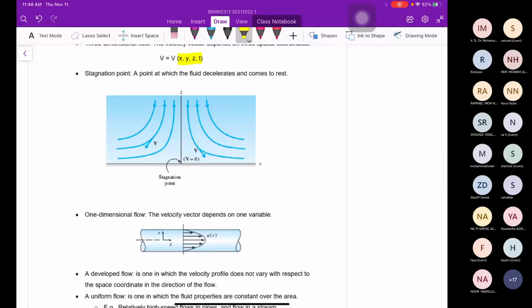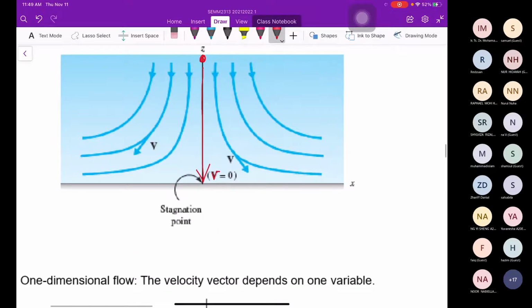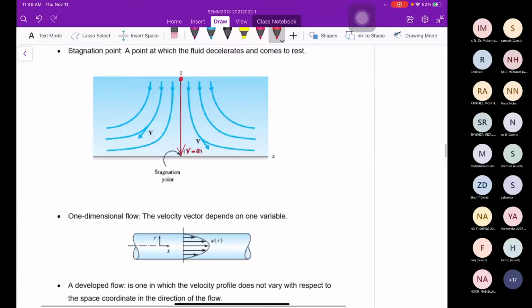At the stagnation point, a point at which the fluid decelerates and comes to rest. For example, this is the fluid particle and then it moves downward and then immediately stops. That is why the velocity of the particle equals 0. This is what we call a stagnation point.